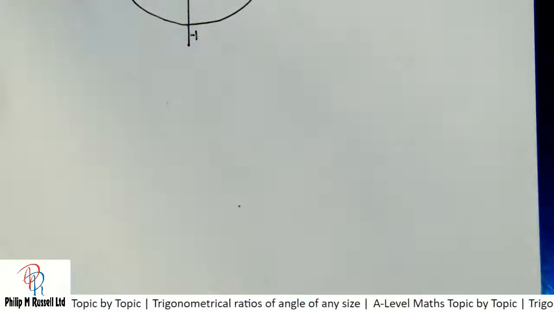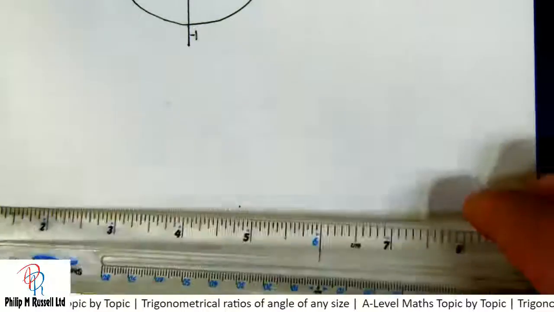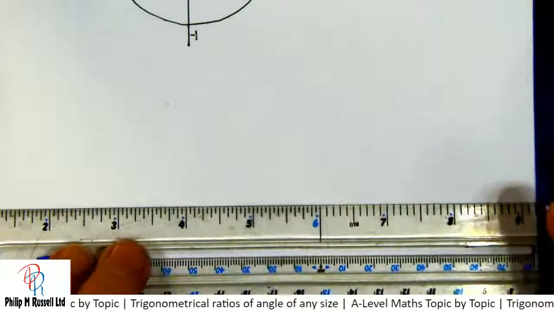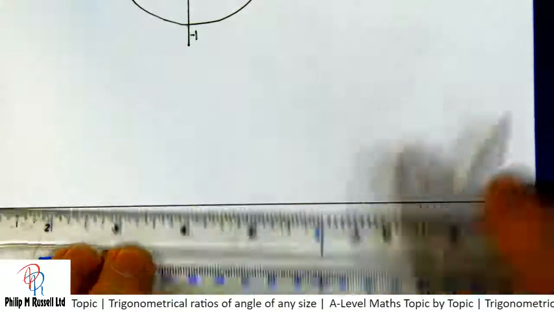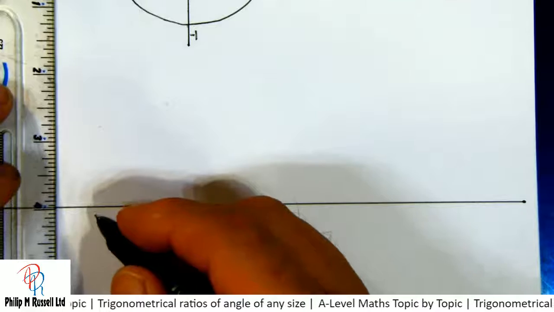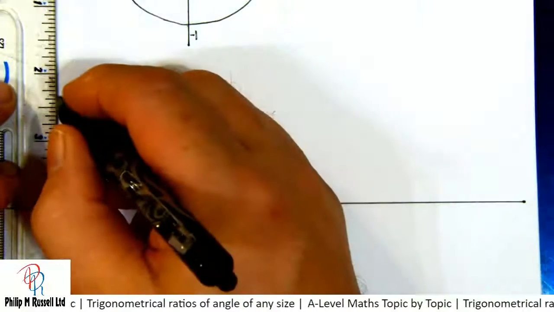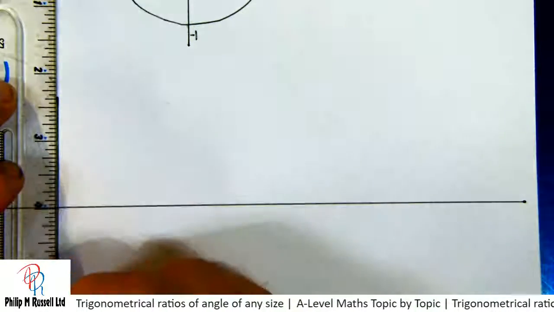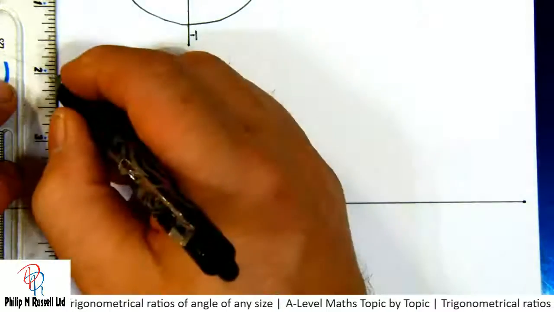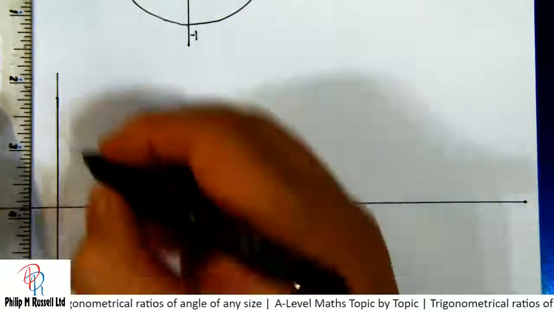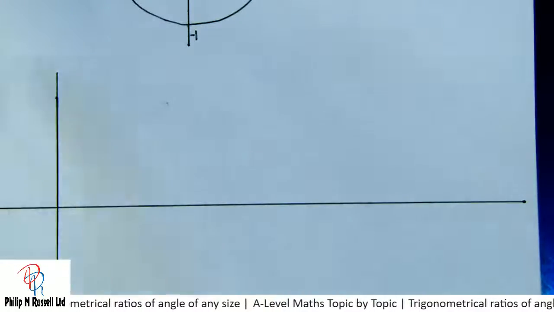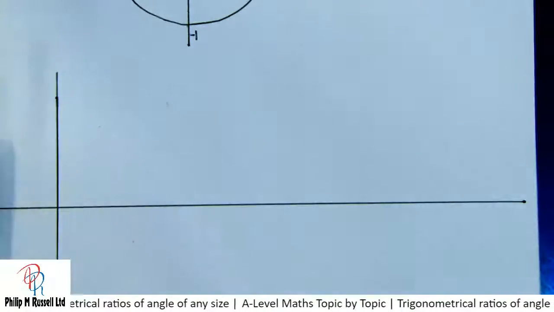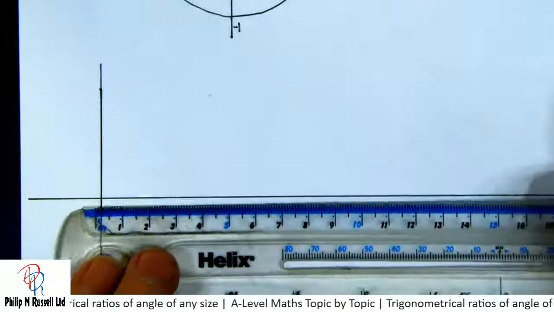So what I'm going to do is draw out an axis. And let's set out a few things to try and draw this on.